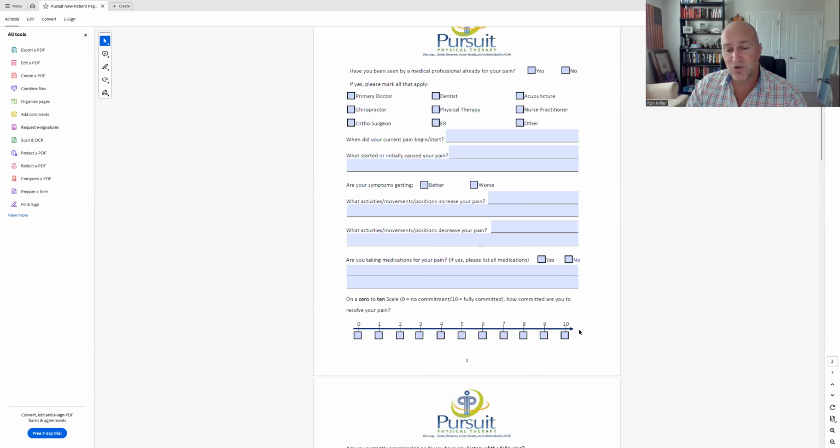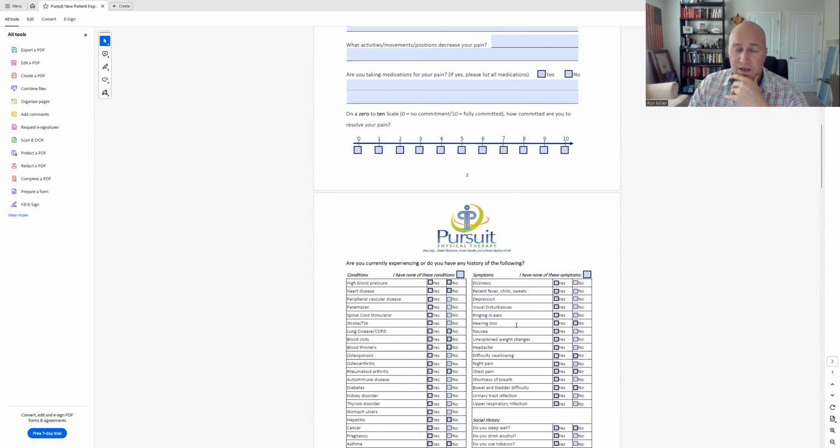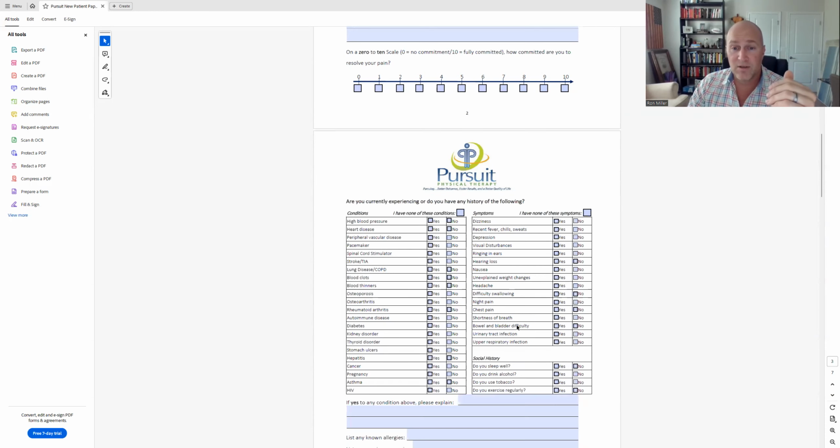And we PTs are trained to identify that if someone circles anything less than 8, during the eval we have to dig deep and bring out why that person only wants a 5 commitment of getting better. We have to highlight that because if someone's only a 5, they're not going to pay $3,000 for treatment. So I asked this commitment question just for us PTs to screen those prospective patients during the eval.